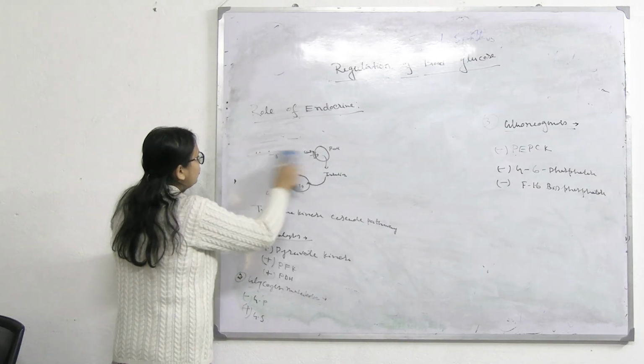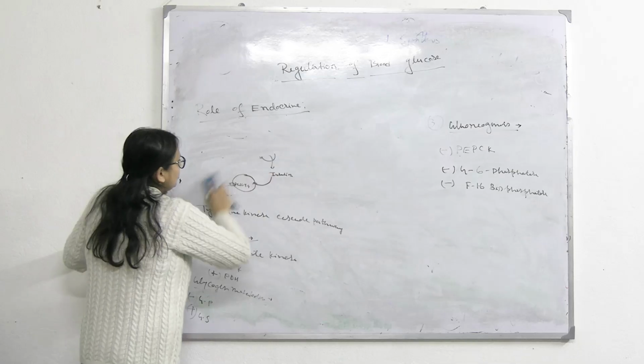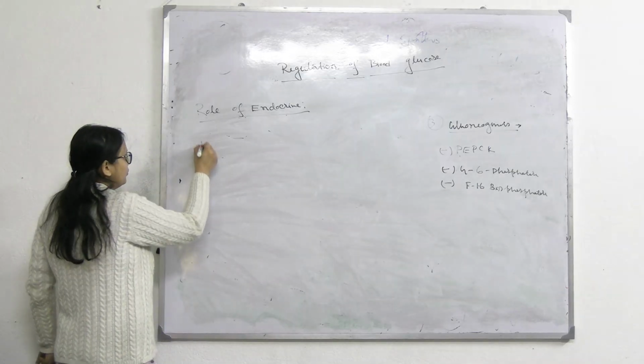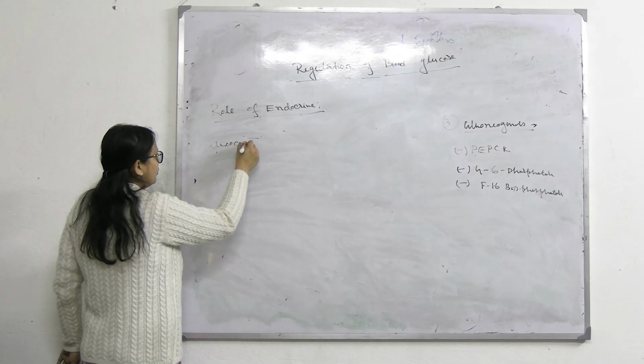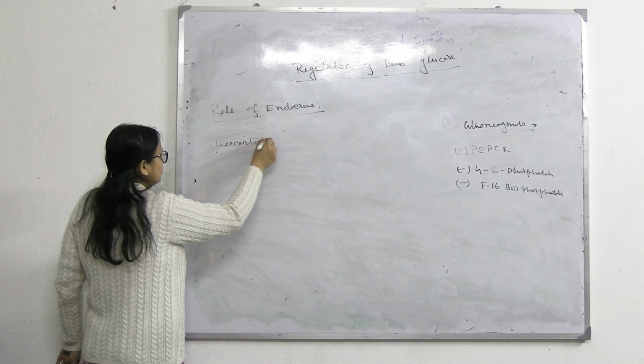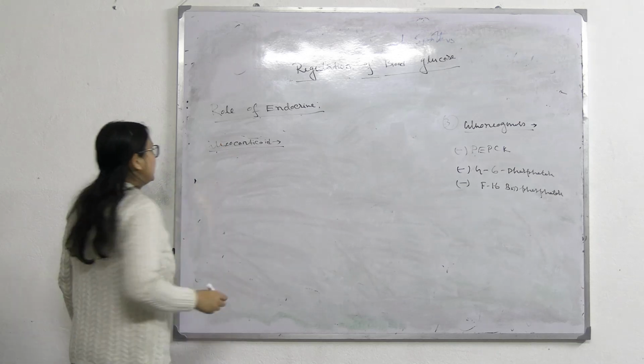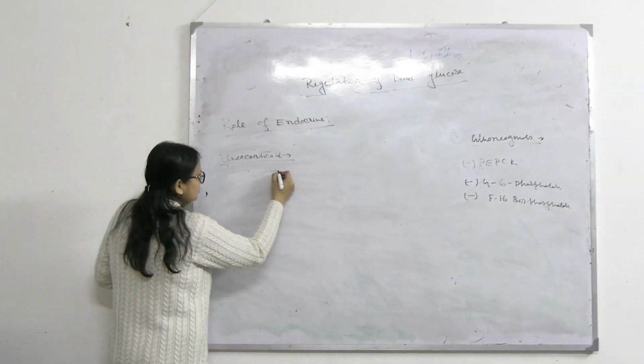Now coming to the role of glucocorticoid. Glucocorticoid is synthesized in case of chronic stress condition of our body.